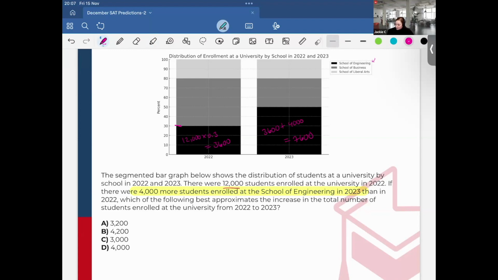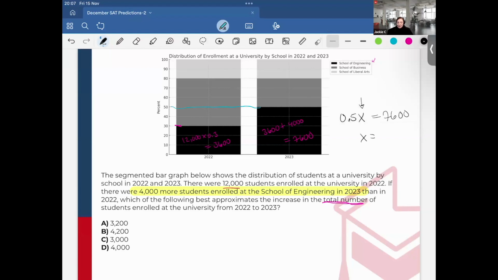And also, I want to see what the increase in the total number of students is. So here I can see this is at 50%. So imagine 50% of the total students, X, what I'm trying to find, is equal to 7,600.